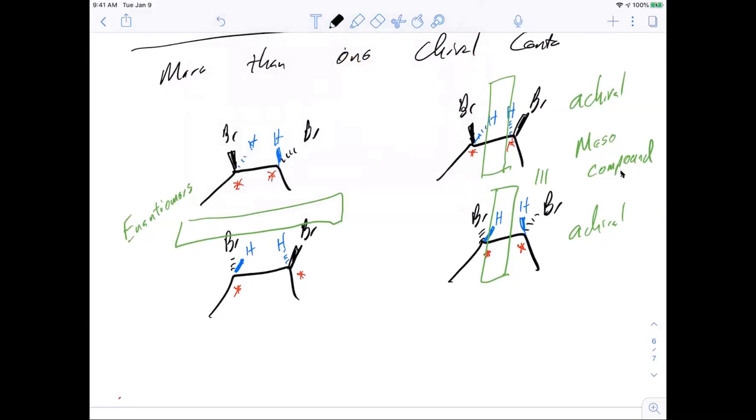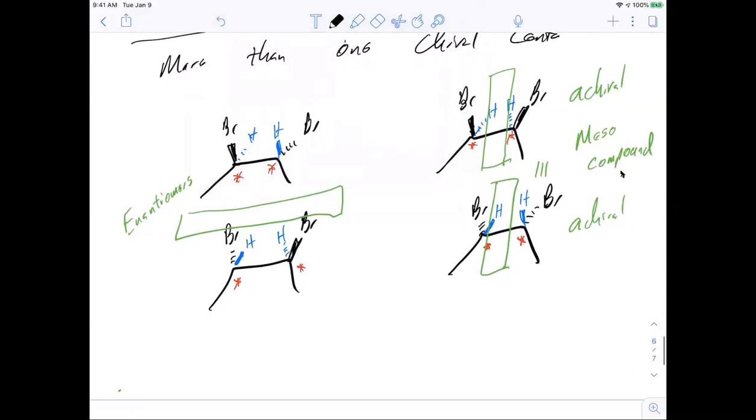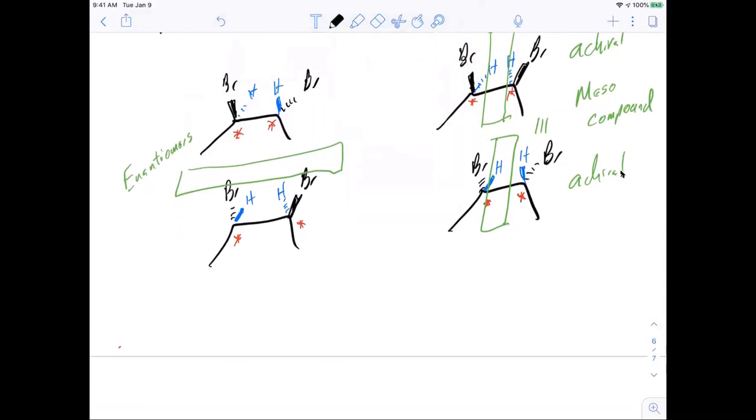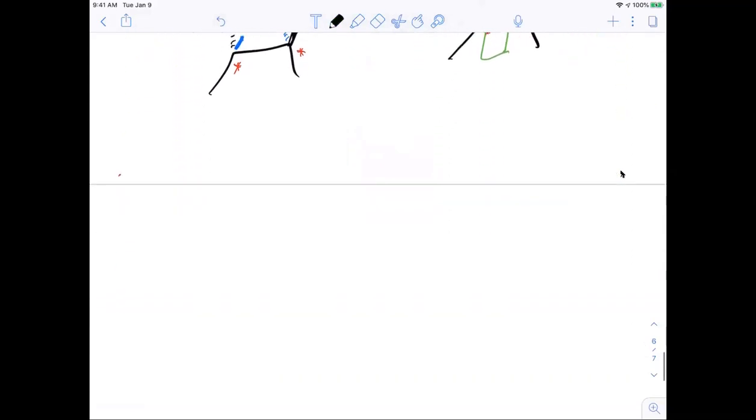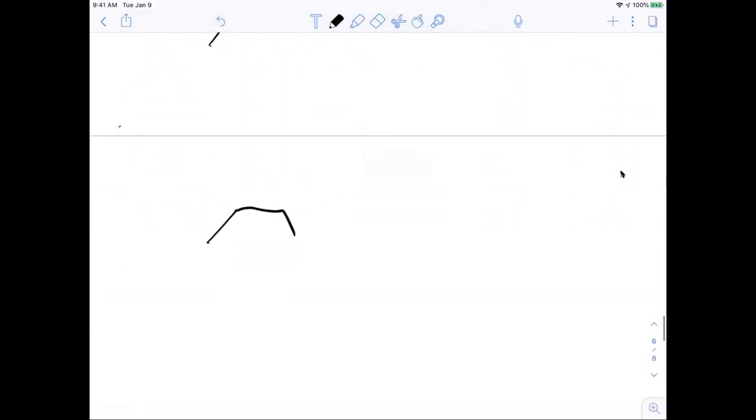To get the last type of stereo naming system, we need to change one of the bromines to something else. So let's do this again, but let's change one of the bromines to a chlorine.